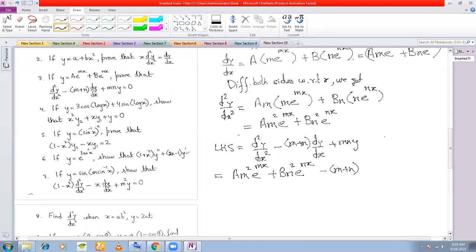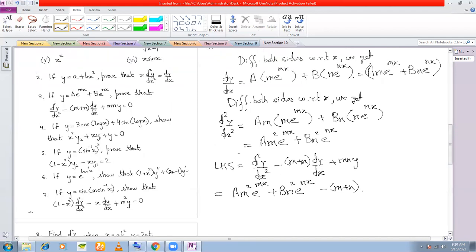Now dy dx, we have found out the value of dy dx, it is am e to the power of mx plus bn e to the power of nx. And you have mn y. So plus mn, and y here is the given function, which is a e to the power of mx plus b e to the power of nx.